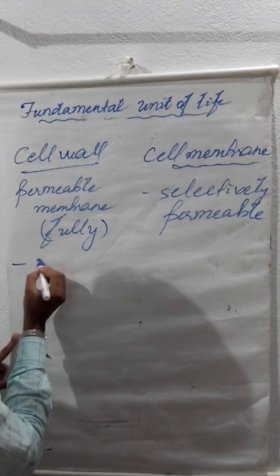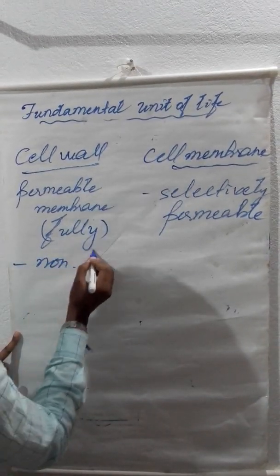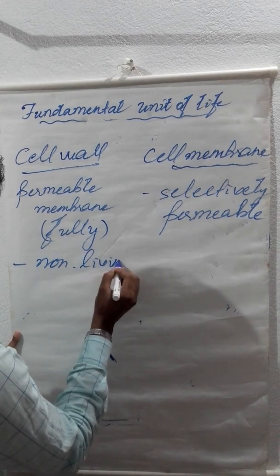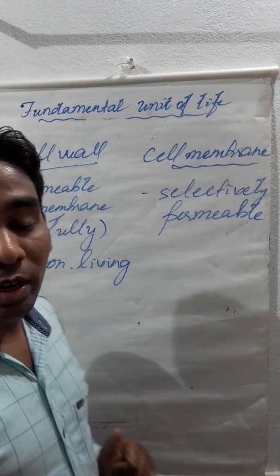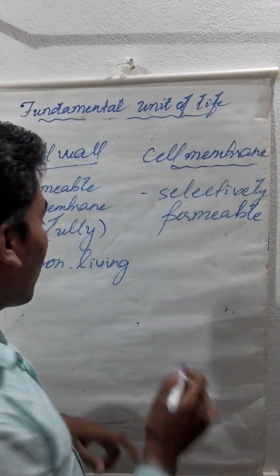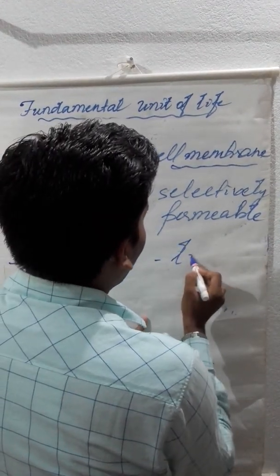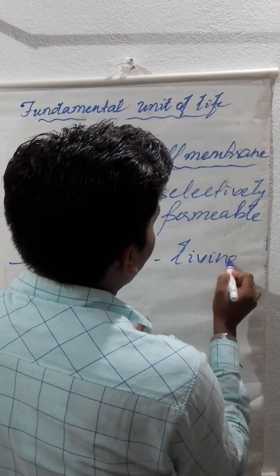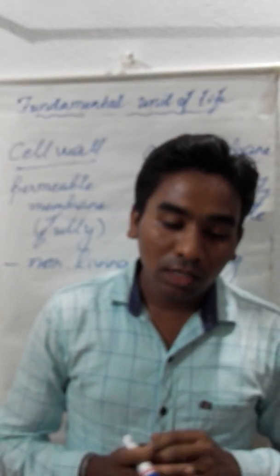Further, the cell wall is non-living, composed of the cellulose particles, means combination of so many glucose molecules, but the cell membrane is a living substance and it is composed of the lipids and the proteins.